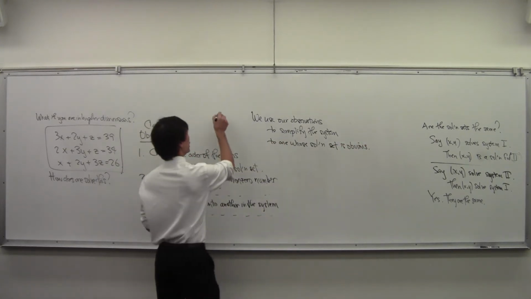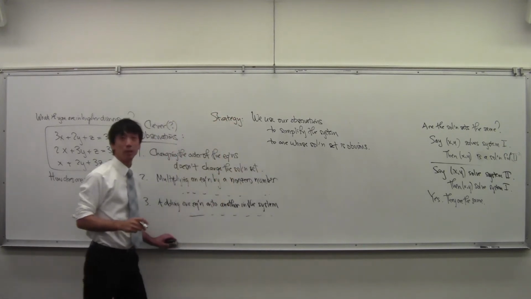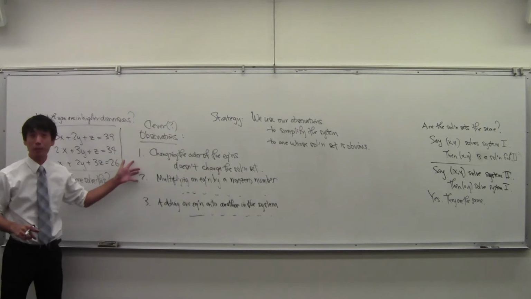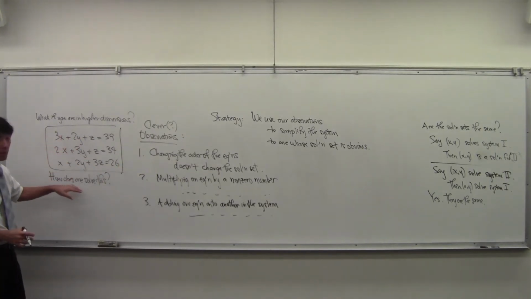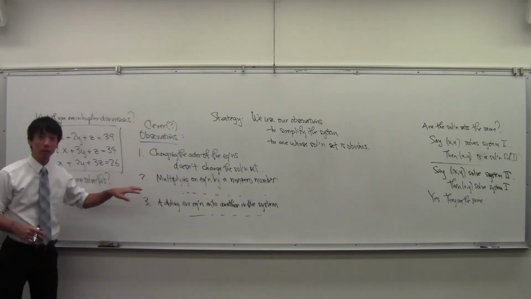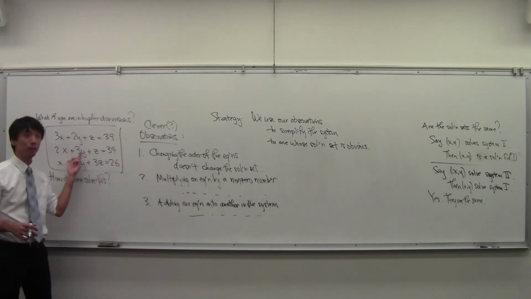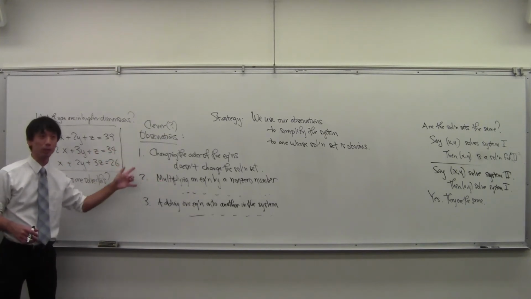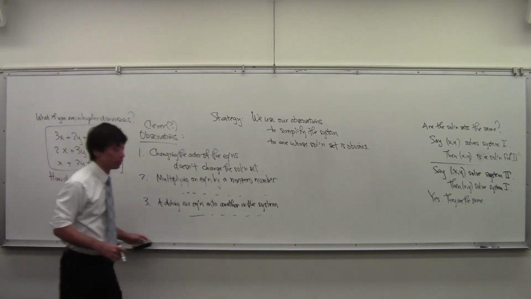Okay, so here's the strategy. These are things that you can do without changing the solution set. So you do them, and you change it to something where the solution set is obvious. But that solution set will be the same as this one, right? Because these things don't change the solution set. Okay? So here's what we do.